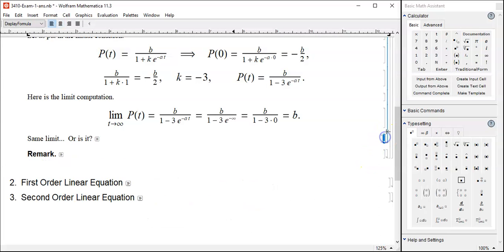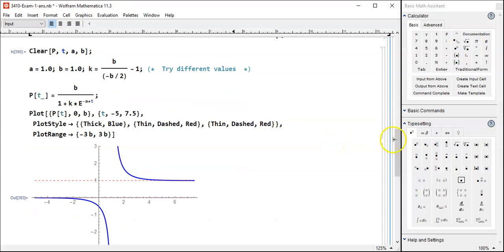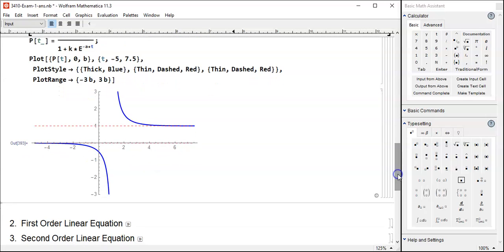Does it make sense? Well, I hope this visualization helps you understand. Let's see. Look at this curve here, especially the left-hand side down here. If we start from population negative B over 2 right here, and then follow the curve, this is the solution curve, and population goes down to negative infinity.